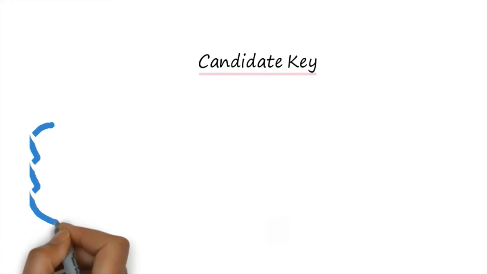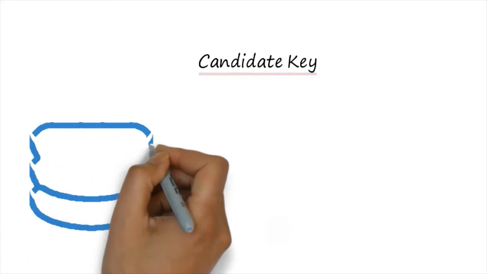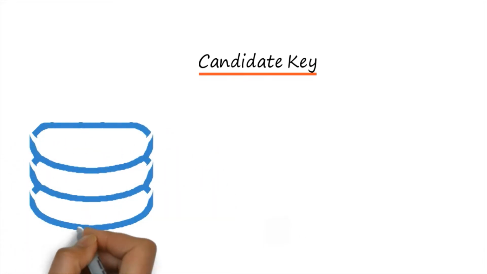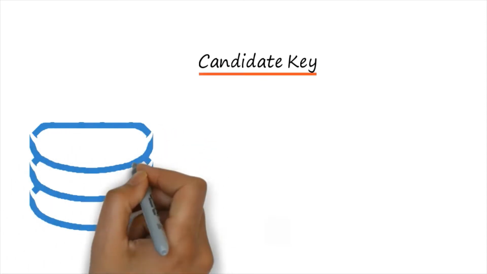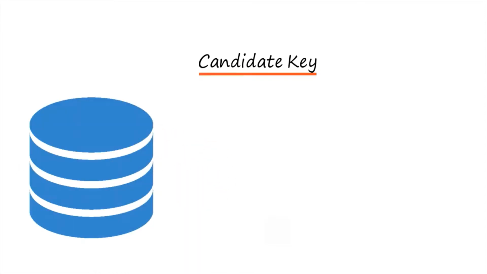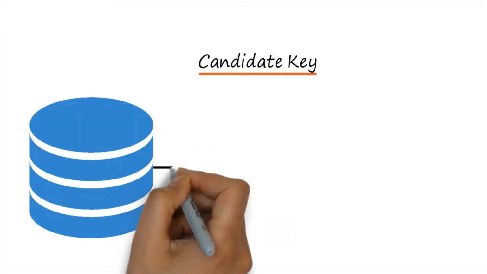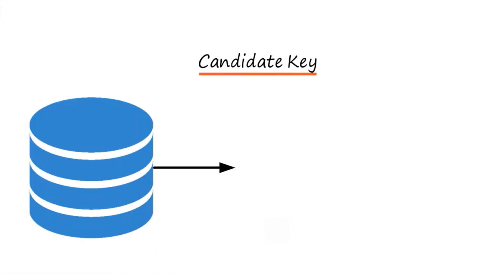Whenever I am talking about database management system, I am talking about a repository of data, storage of data, and how this data will be stored. It is dependent on what kind of database management we are using.